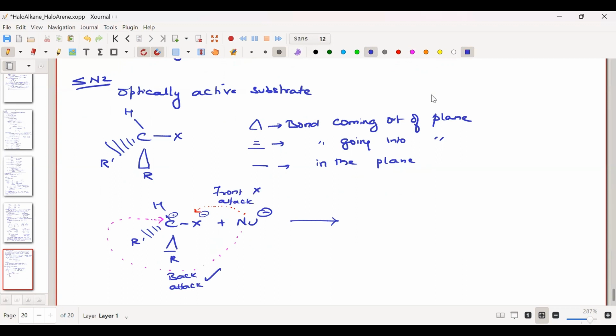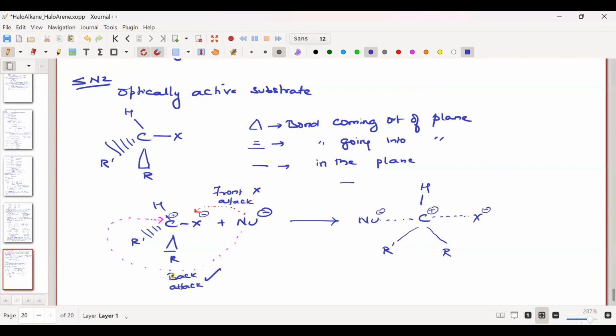Now when the back attack happens, this carbon, with the alkyl groups around it, will try to accommodate the nucleophile and form a structure like this. It has the carbon and the hydrogen, and the groups that were into the plane and out of the plane all come into the same plane. Now your nucleophile has come here, so this is positive, this is negative, this is negative.